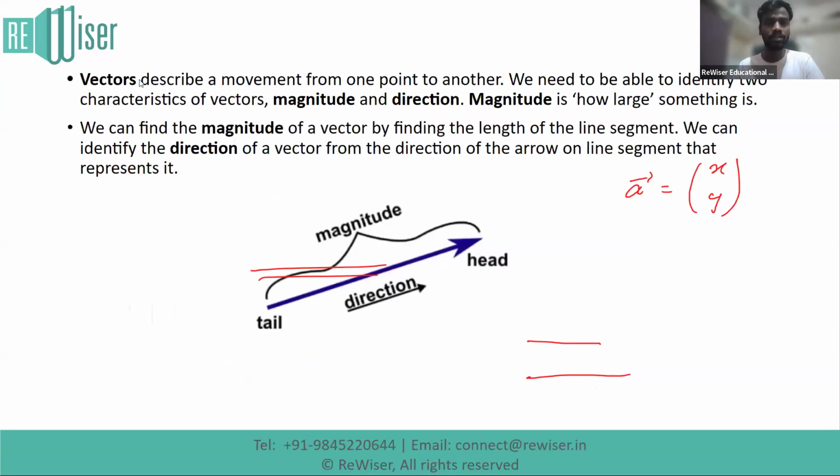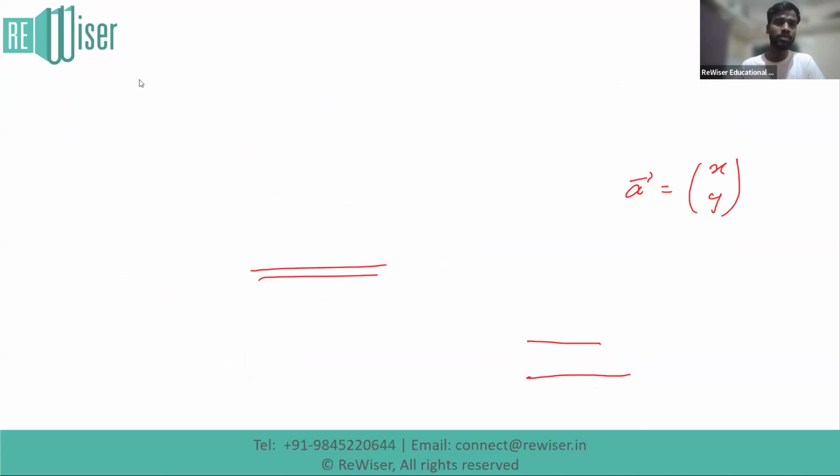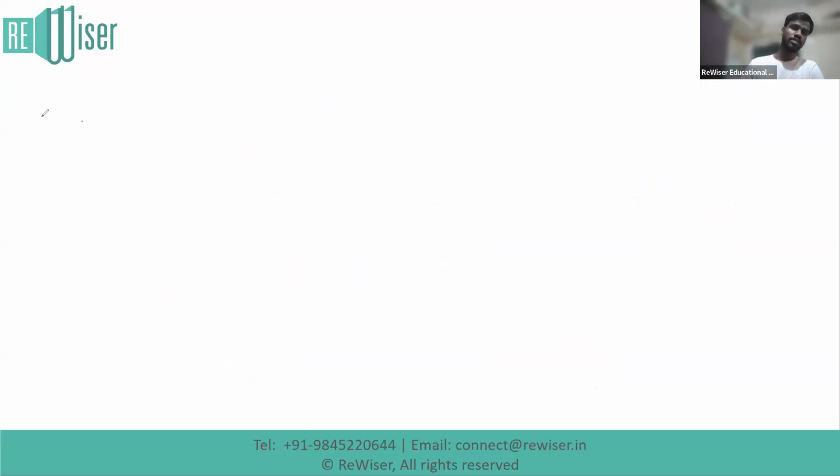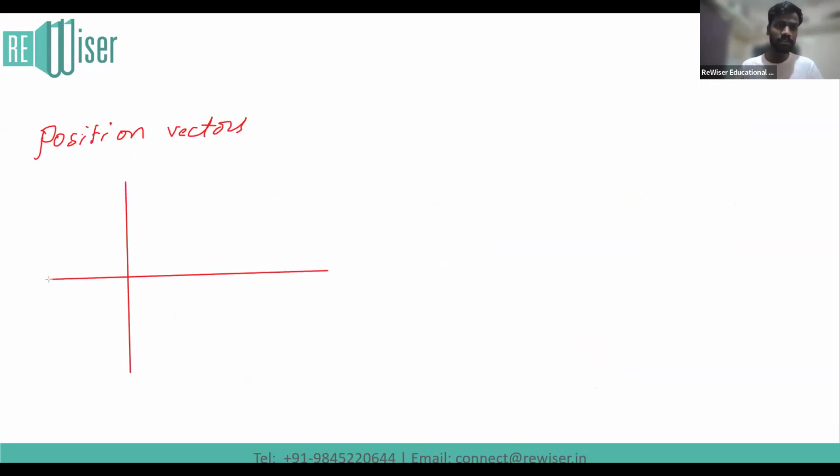And also, next, if I talk about position vectors. Position vectors are vectors from the origin. So suppose you have the x and y axis here, and the origin is here, any vector from the origin, this vector we usually denote as a position vector.